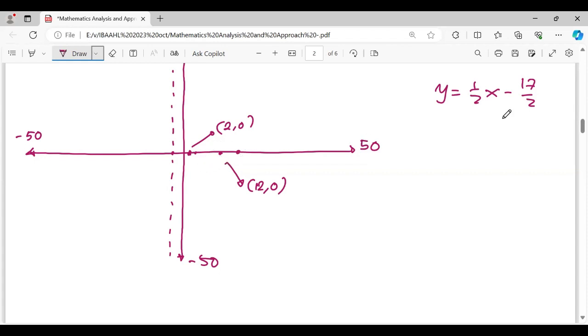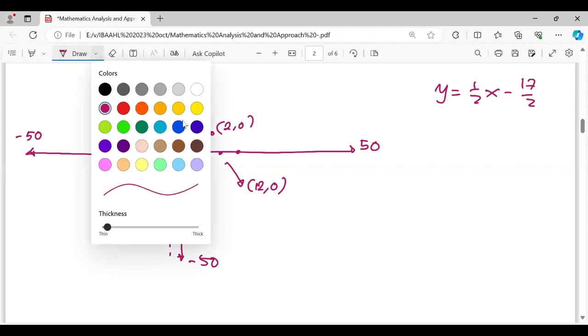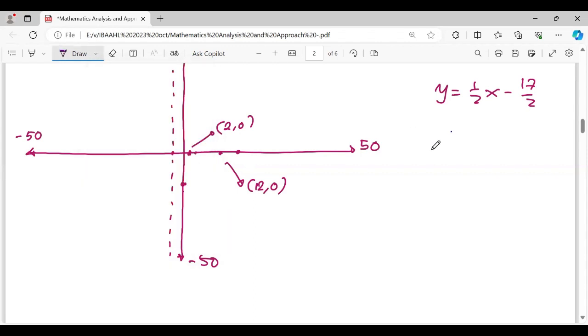And if x equals 0, this is minus 8.5, around here. If you want to sketch in detail, you can sketch on your paper using this color for this asymptote.